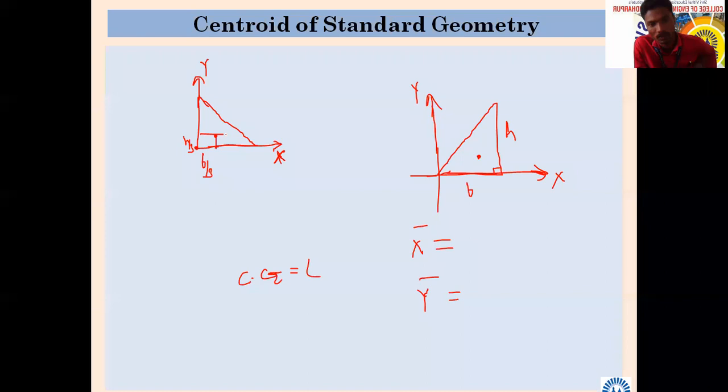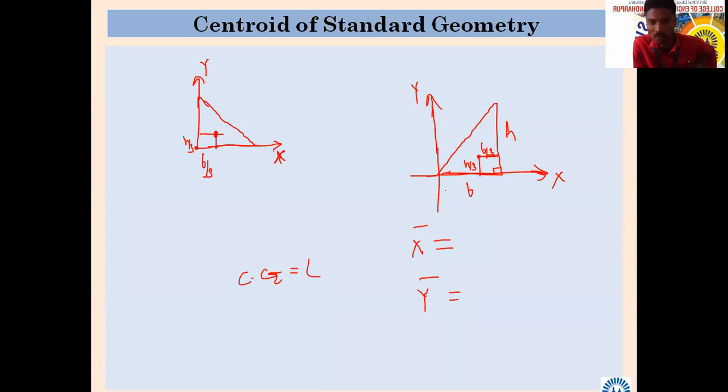Okay, h by 3, b by 3. So this horizontal distance, how much is it, b by 3 or h by 3? b by 3. Are you with me? What will this be? h by 3. So what will be x bar? First we will take x bar.